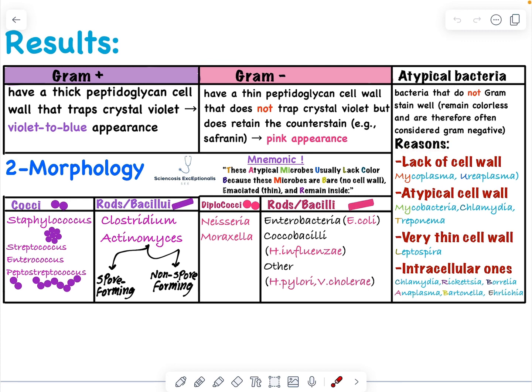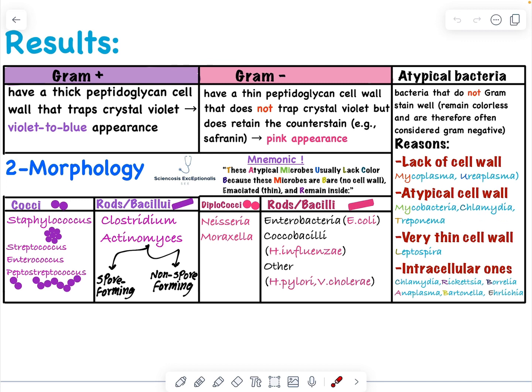The reasons: maybe they lack the cell wall, as Mycoplasma and Ureaplasma, or maybe they have an atypical cell wall. That means the cell wall consists of different components rather than peptidoglycans. For example, the mycobacteria have a high lipid percentage.